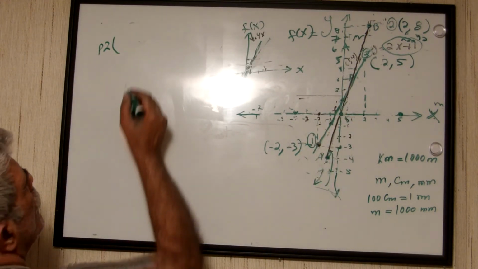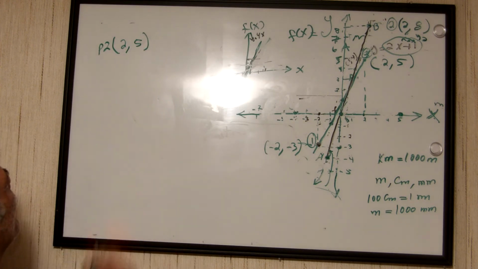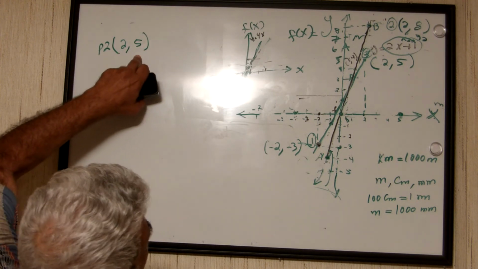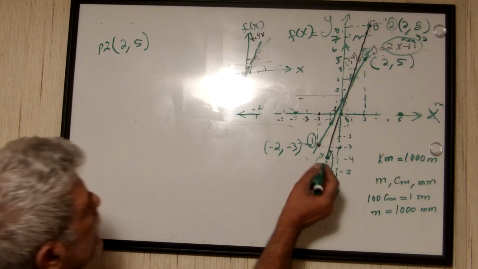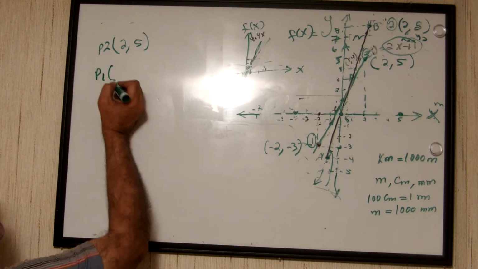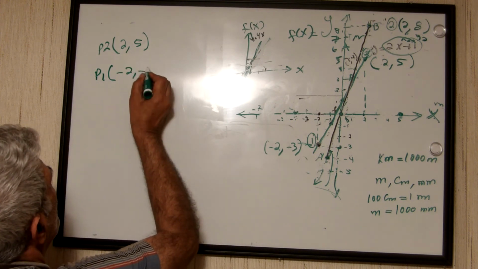The coordinates of point 2: x is 2, y is 5. And then the other point, P1, the x coordinate is minus 2 and y is minus 3.